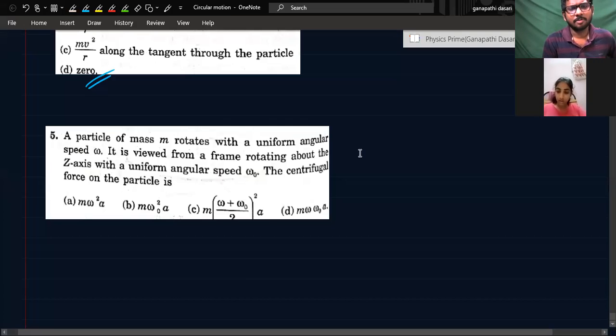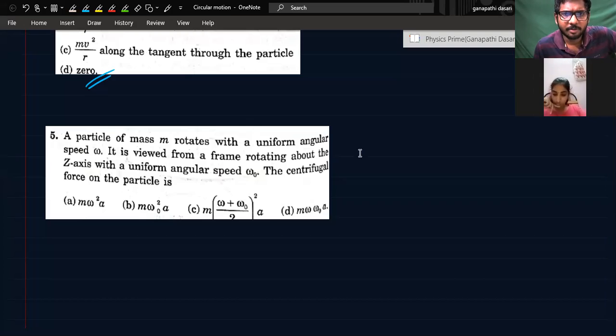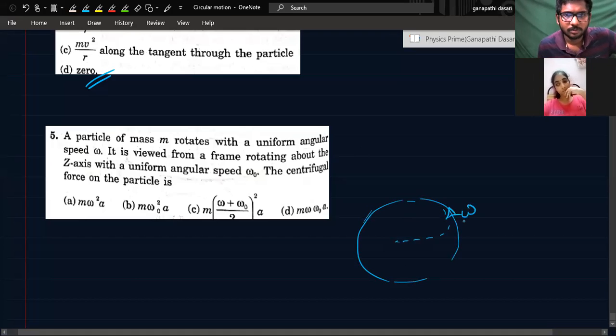A particle of mass m rotates with a uniform angular speed omega.